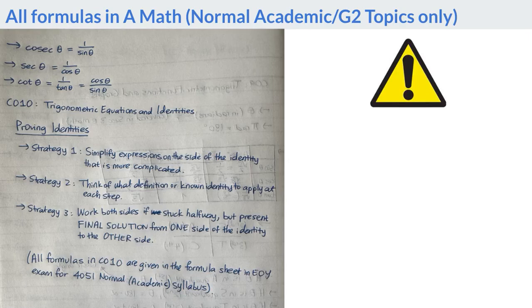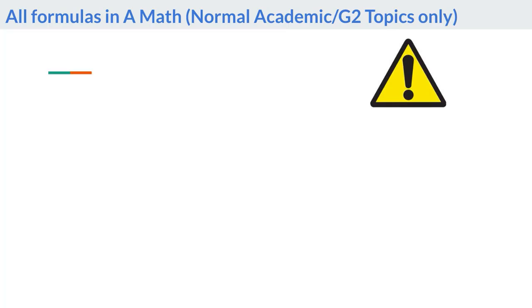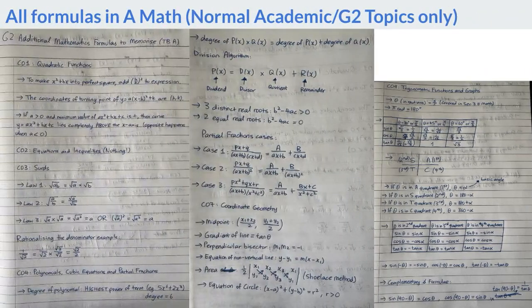Alright, the very last topic of the book, chapter 10, is another trigo chapter, but this time it gets a little bit harder. Here on the right-hand side, chapter 9 is the very basics of A math trigo.